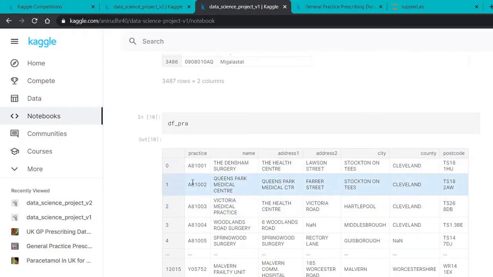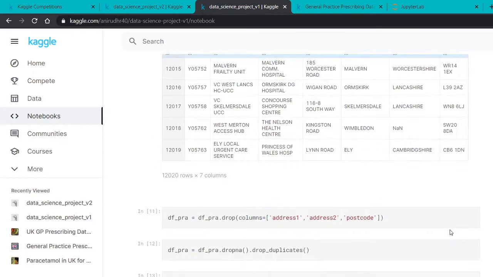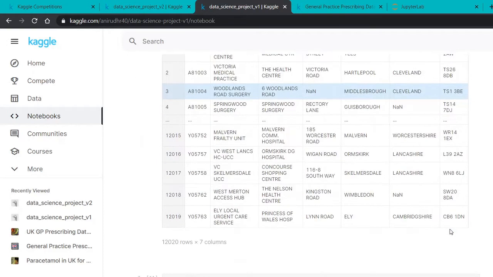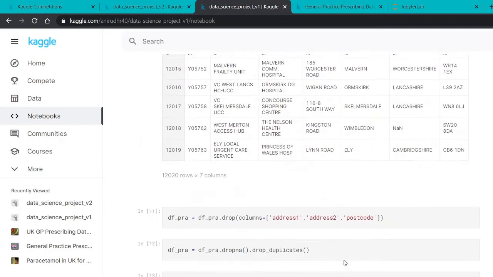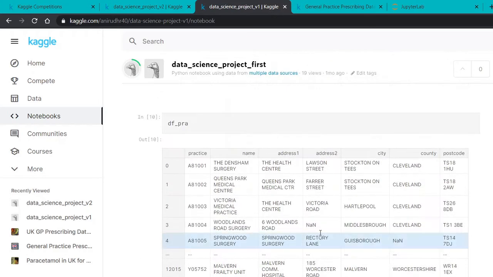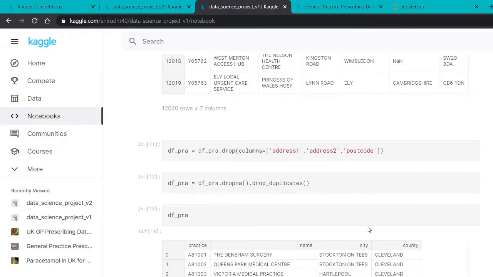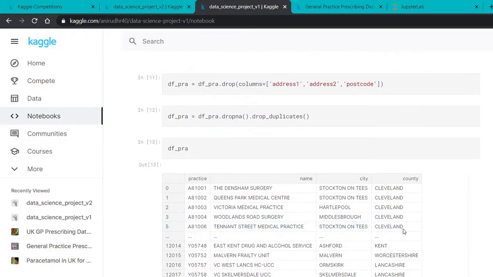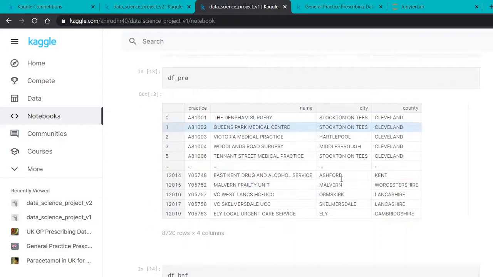The practice data set contains which county it belongs to, which city, the address, the name of the hospital, the unique practice code, and the postal codes of that hospital or dispensary. We don't need things like address one, address two, and postal code, so we drop those, and this is what we come up with as the practice data set.